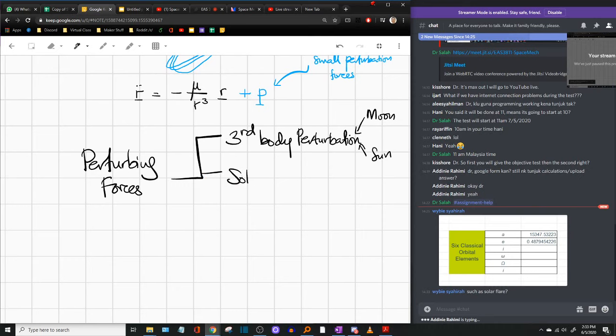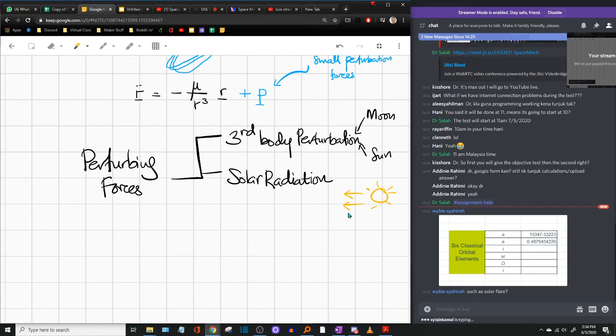Secondly, you mentioned solar radiation. Actually, solar radiation provides a perturbing force also. The reason is the sun emits light, like photons, and you can actually feel a perturbation force from the solar radiation as well.